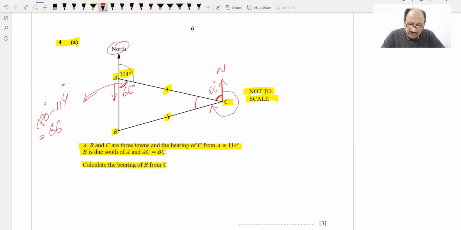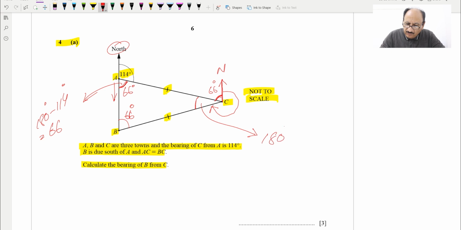After that we need the other angle, which is basically this angle is required. If this is 66, this angle will also be 66 because these two angles are equal.